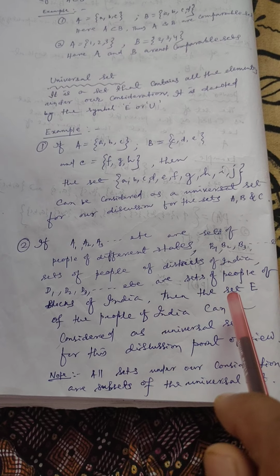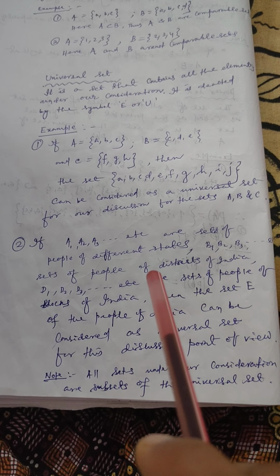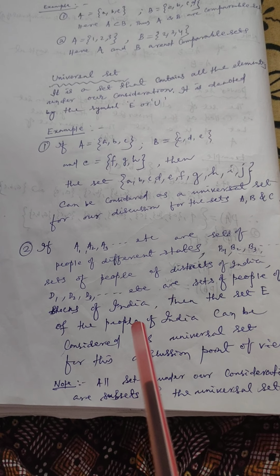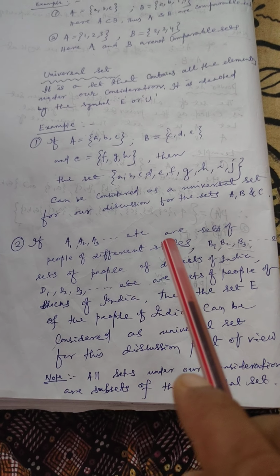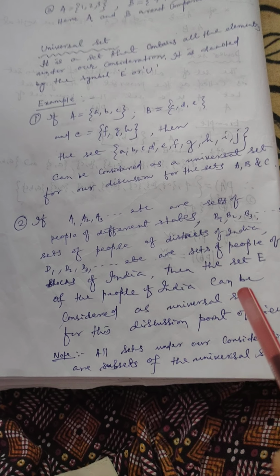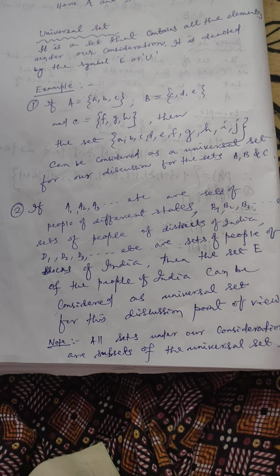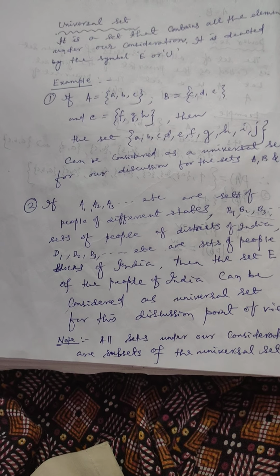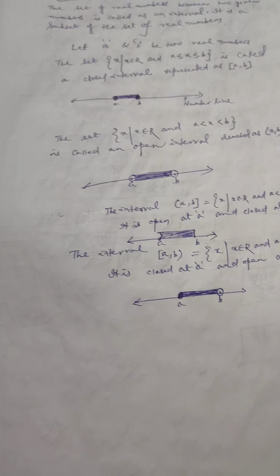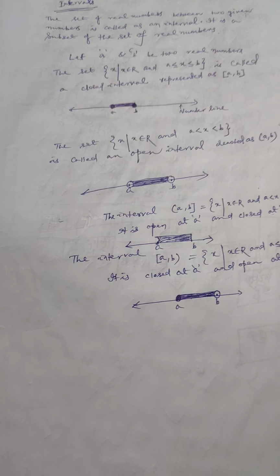Then if E be the set of all people of India, then E can be considered as a universal set. It is to be noted that all the sets under our consideration are subsets of the universal set.